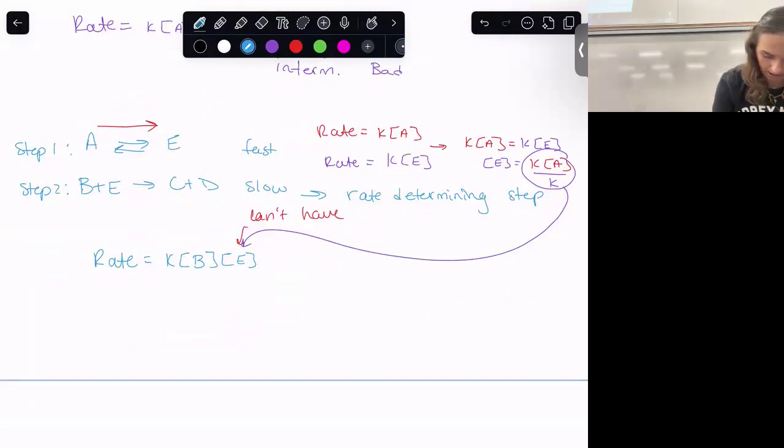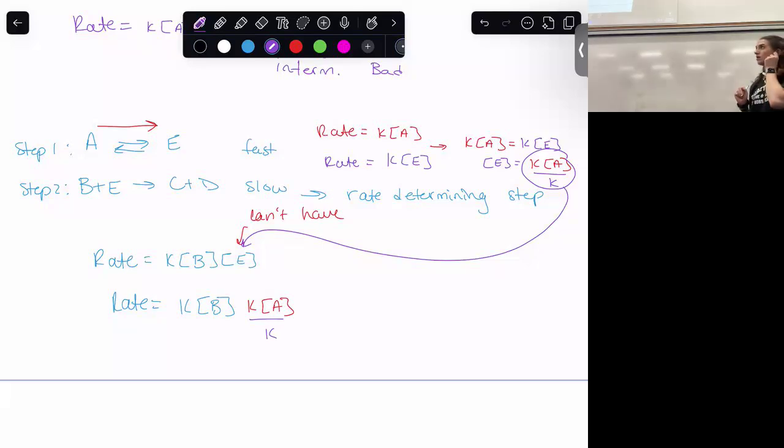Now we would say that rate is equal to k times [B] times k times [A] all over k. I tried to write this in different colors because the k's of all of these are not the same. They would all be different k values.